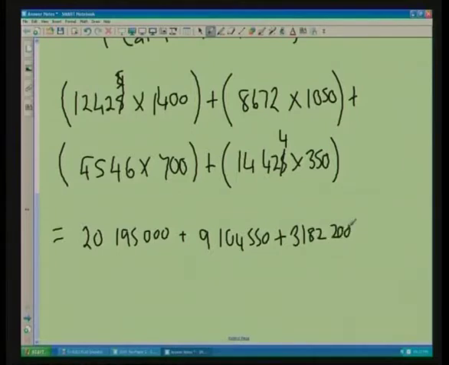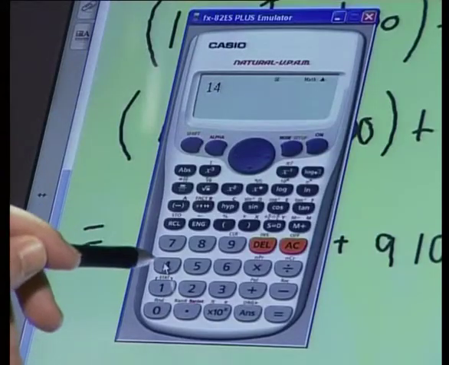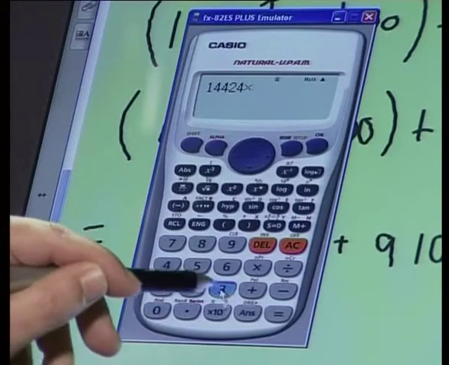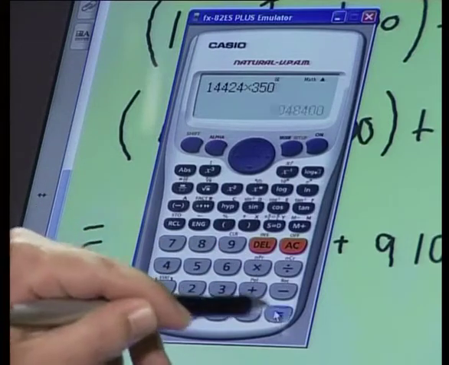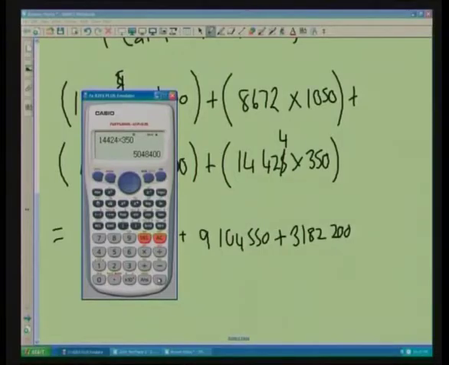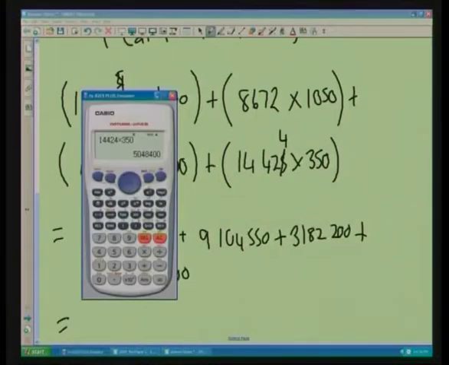And the last bracket, we need 14,424, and we're multiplying by the ticket price of 350 Rand. And there we get an answer of 5,048,400. Well, that leaves us just to add up all of these answers.